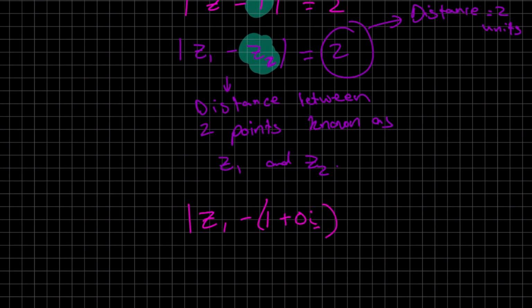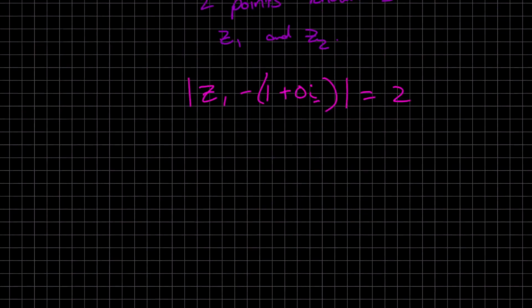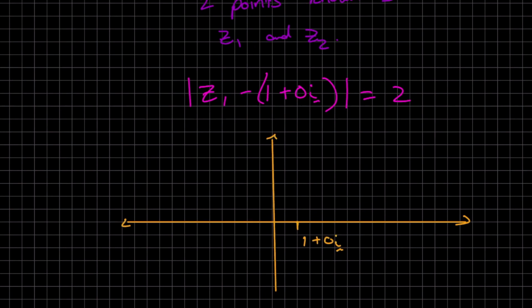So the distance between some point z and 1 plus 0i must always equal 2. On our Argand diagram, we know that 1 plus 0i is located here. And we are trying to find points that will always have a distance of 2 from this point.